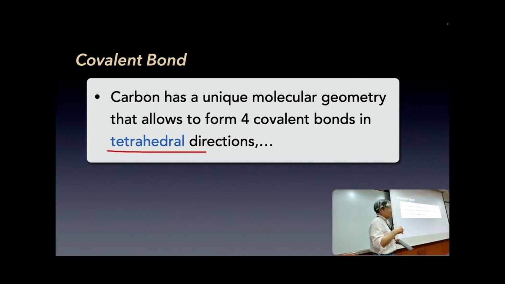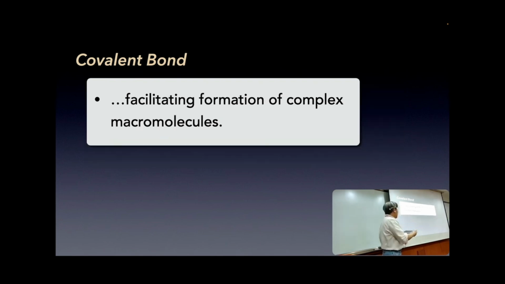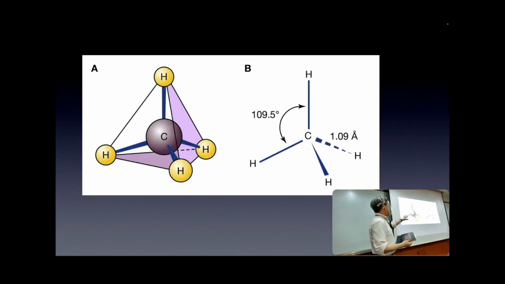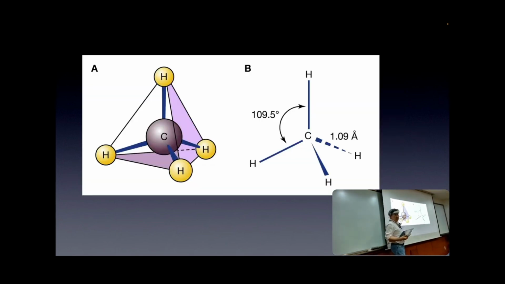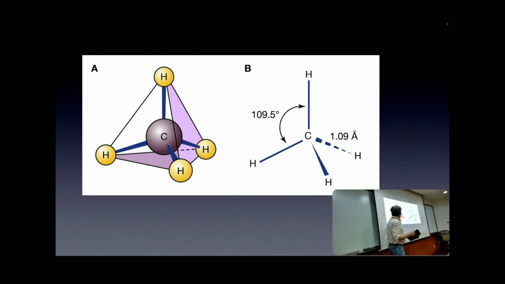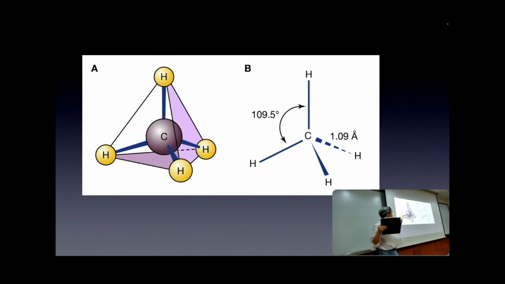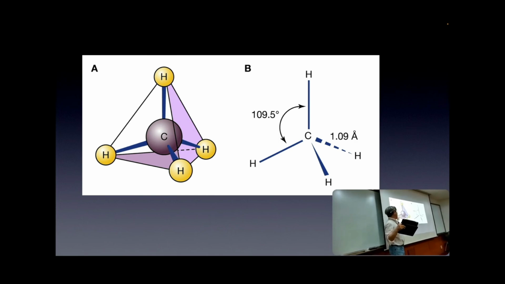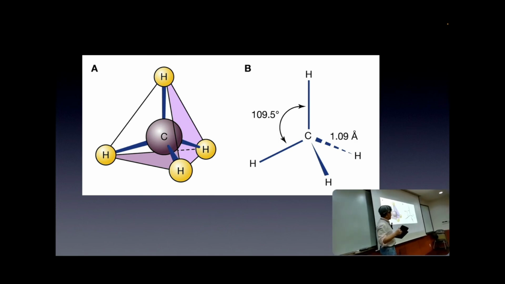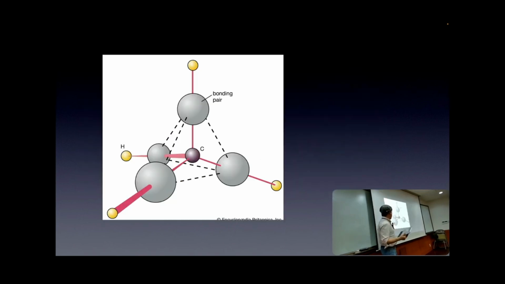Tetrahedral, who cares about this terminology, but what it means is this. At the center carbon, the angle of covalent bond formation is in such a way that it has 4 equal directions of covalent bond formation. Here, you don't necessarily have to have a hydrogen, but you can have so many different things.